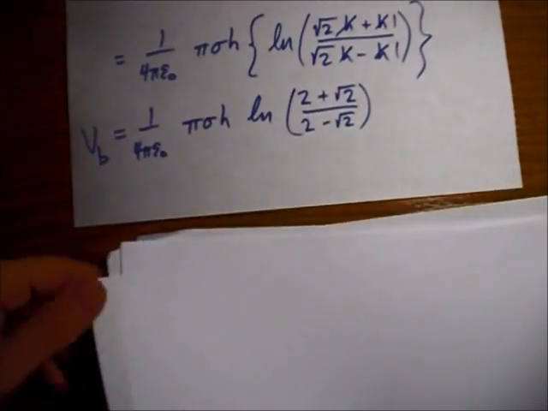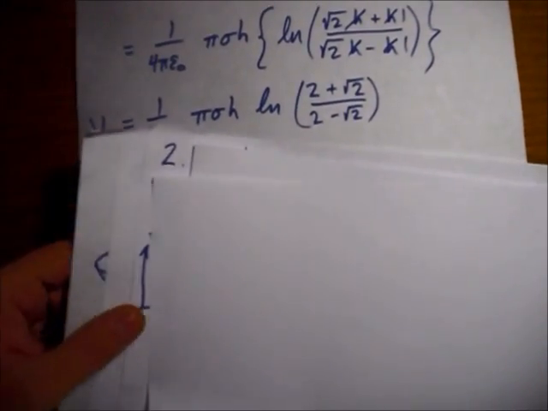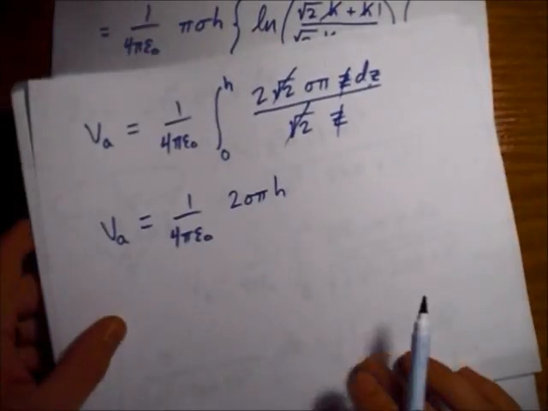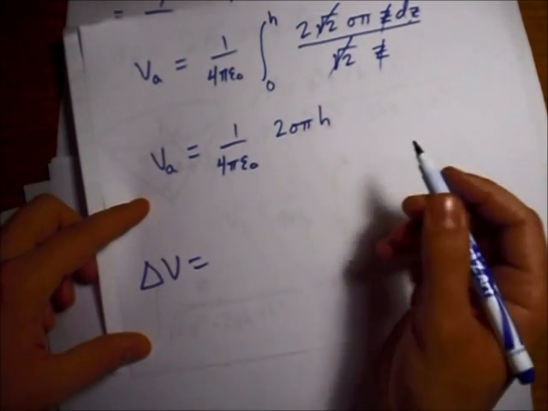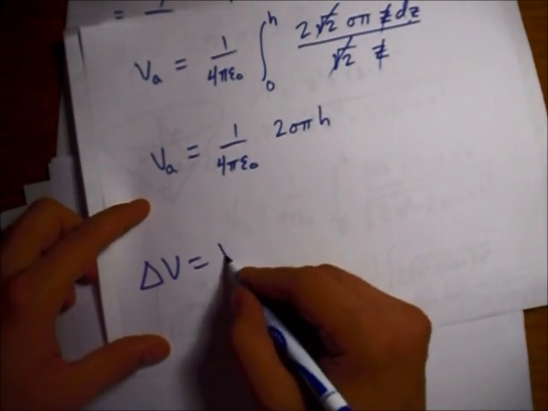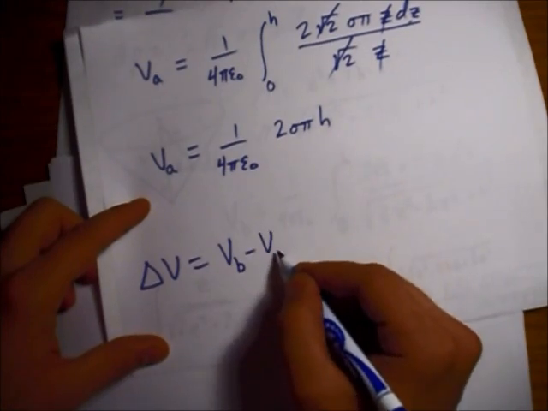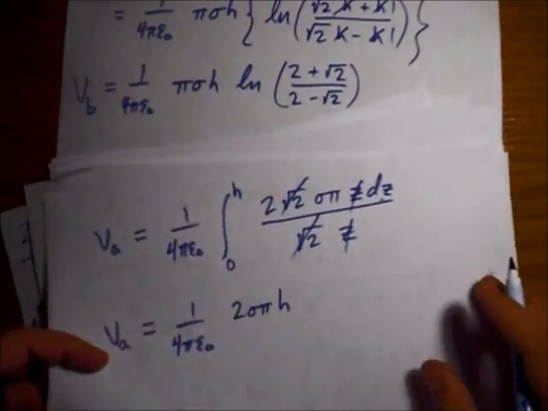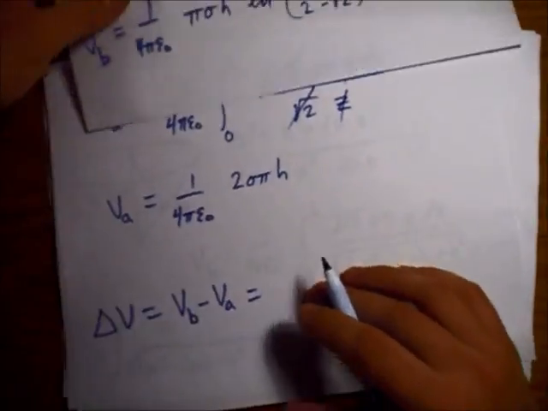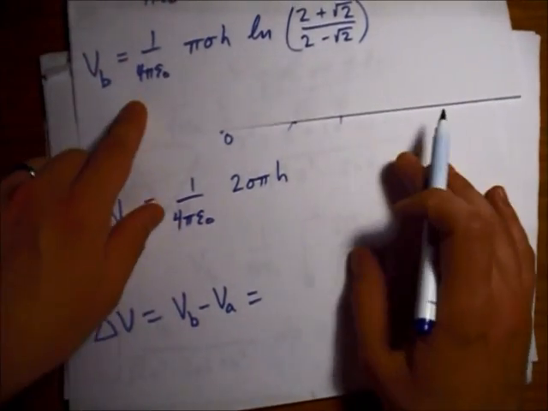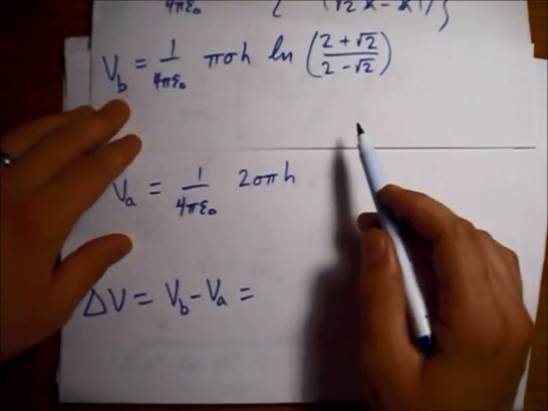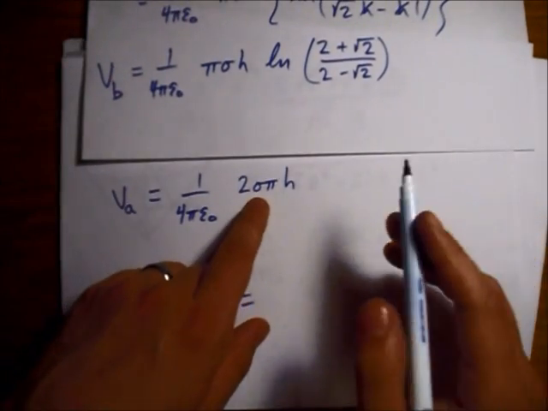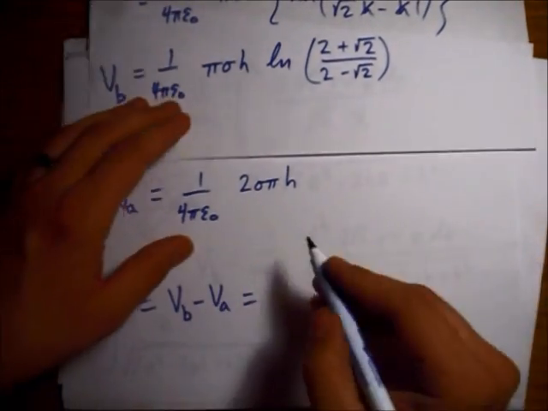So I forget what Griffiths asked, if we want A minus B or B minus A. Let's write that right here. So let's just call it delta V equals, let's do B minus A. So we go around, we grab our VB up here, but there are some things we can factor out, it looks like, if we want to.